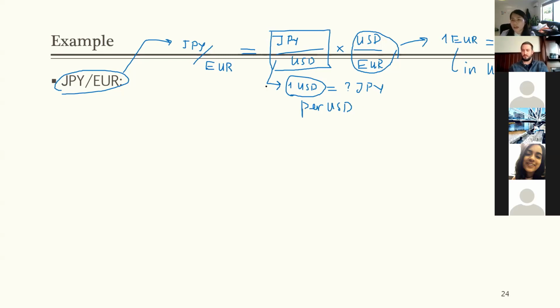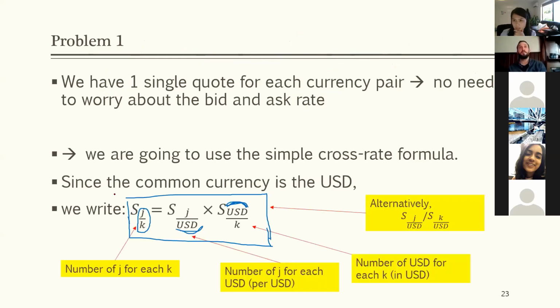Okay. So looking back at the table before, can you tell me the values of these two exchange rates? So how much is this and how much is this? I'm going to go back to the previous table.